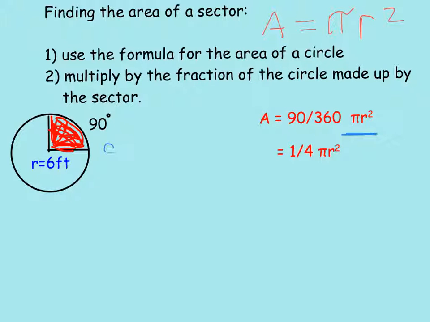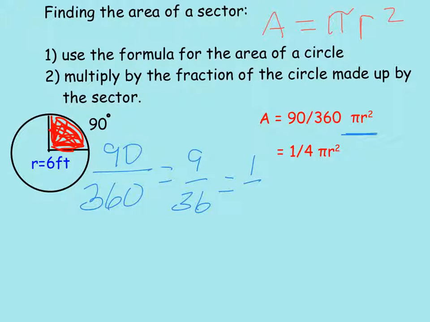So what we can do is go 90 degrees over the degrees of an entire circle, which would be 360. So if we simplify that, we can go to 9/36, which is the same as 1/4. And so then we're just taking the 1/4 and putting it in front of the formula we already know for area, pi times r squared.